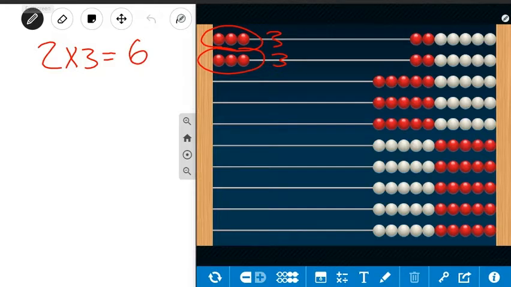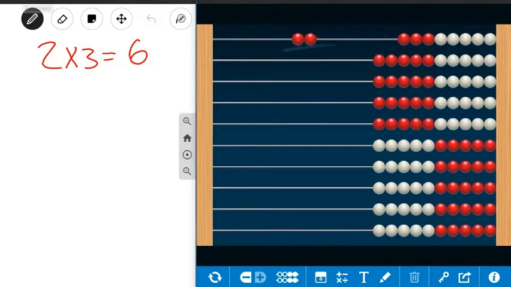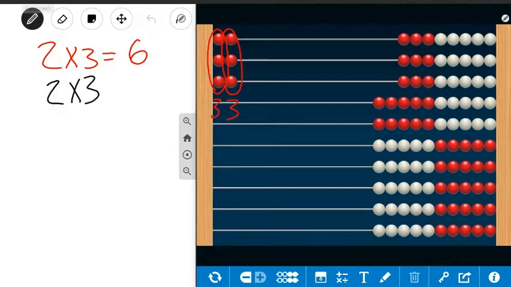And if I represent it in another way, which is to say 3 rows of 2, again, I still have 3 here and 3 there. So I still have 3 2 times. So even 3 times 2 is going to lead to the same product. 3 plus 3, which is 6.